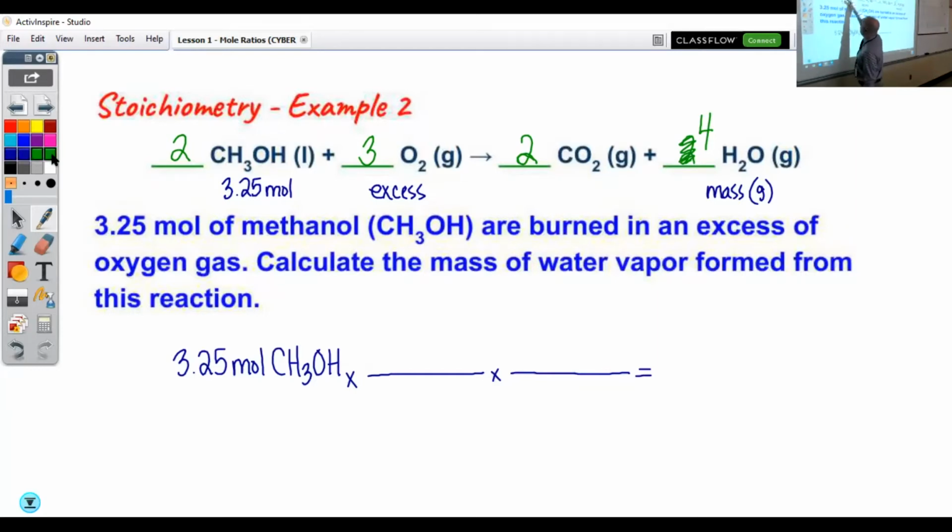So according to my balanced chemical equation, 2 moles of methanol will give me 4 moles of water.